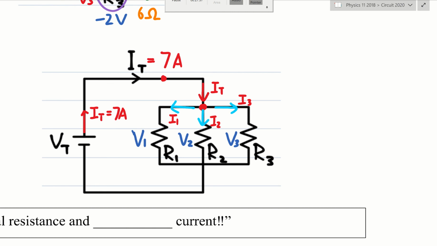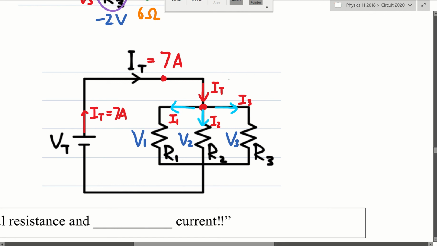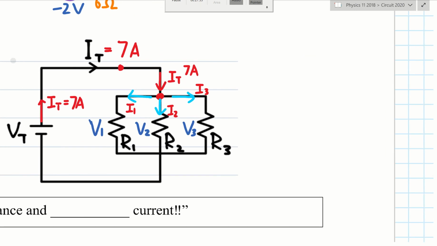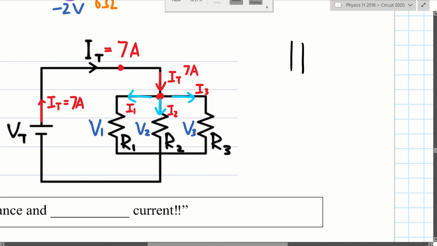Because remember, the currents are the number of people delivering pizza for you. I send out 7 people, 7 electrons, and they arrive at this junction point, 7 electrons. How many electrons leave that junction point? Think about it as a row, right?